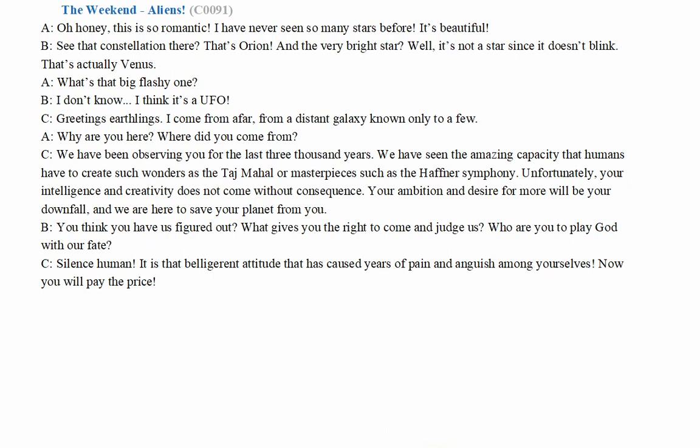Okay. So let's look at this phrase, such wonders as. We have a noun here, a wonder, an amazing thing, an amazing structure. Now we can change this noun and replace it with another one, right? Yeah, we can replace that noun with anything. So why don't we hear a few examples?